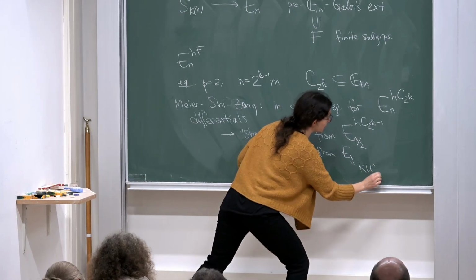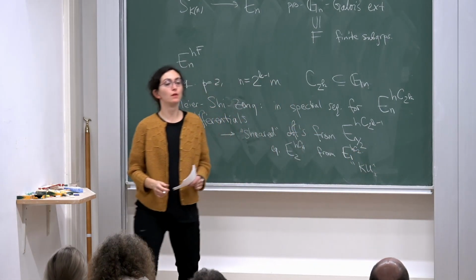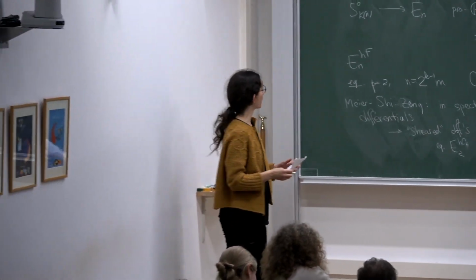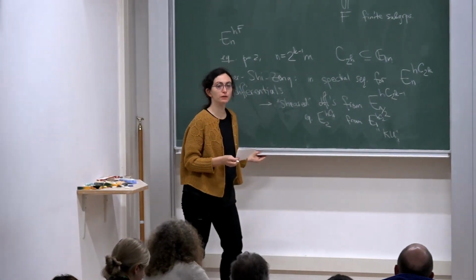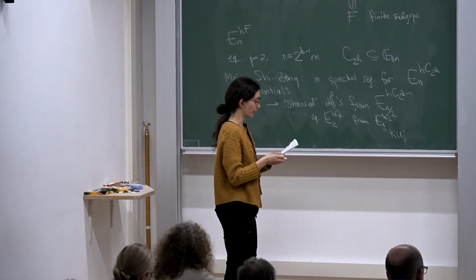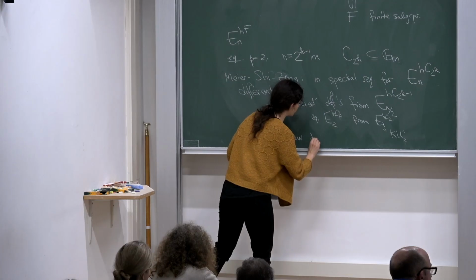Maybe I need to say p is 2, with C2 homotopy fixed points. So that's a computation, that's standard, classical computation for the homotopy groups of KO, the real K-theory. And then there's also going to be some new differentials, okay?